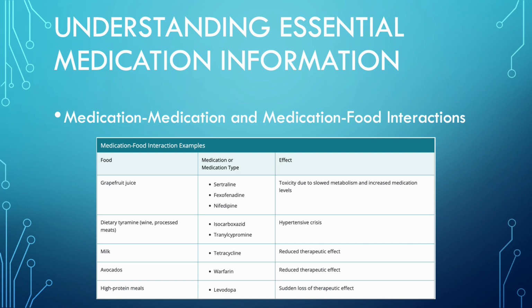The one I like to remember is tetracycline, which is an antibiotic. The calcium in milk can bind to that drug, reducing its absorption. Another contraindication would be eating dark green vegetables like avocados that are high in vitamin K because they can counteract the anticoagulant, the blood thinning effects of Coumadin or warfarin.